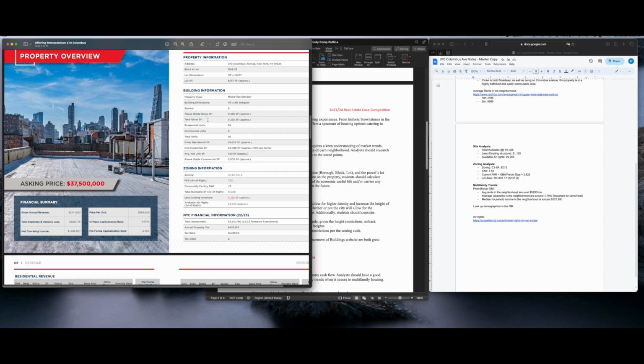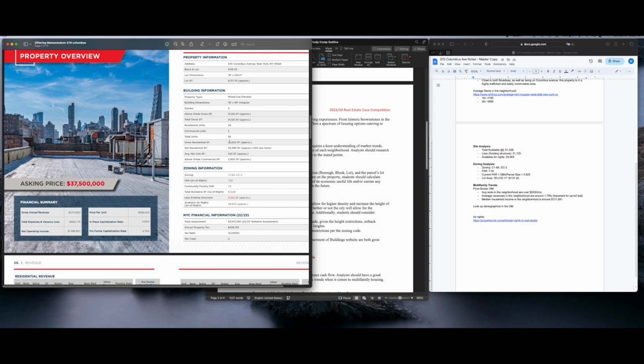So let's see. There are 56 units on the property, 2 commercial, and then 54 residential. Take note of that. The total square footage, residential, 28,000 square feet.